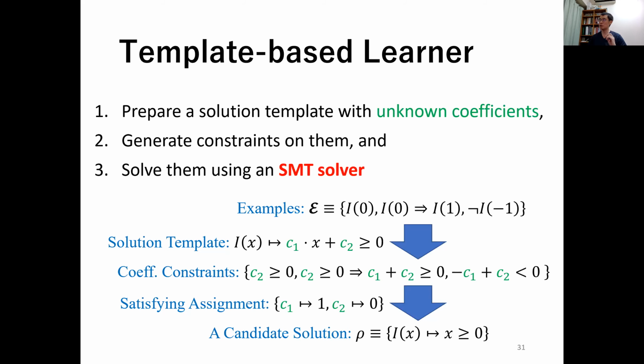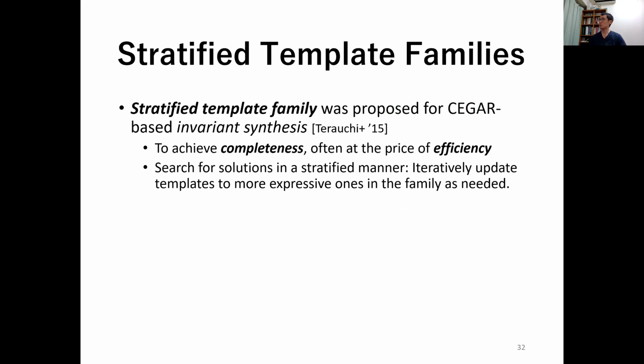In addition to this, we have our extension, which we call stratified template families. In prior work by some of us, we proposed this stratified template family for CEGIS-based invariant synthesis. This was to achieve completeness, but often at the price of efficiency. The rough idea of the stratified template family is to have strata of templates of increasing expressibility.